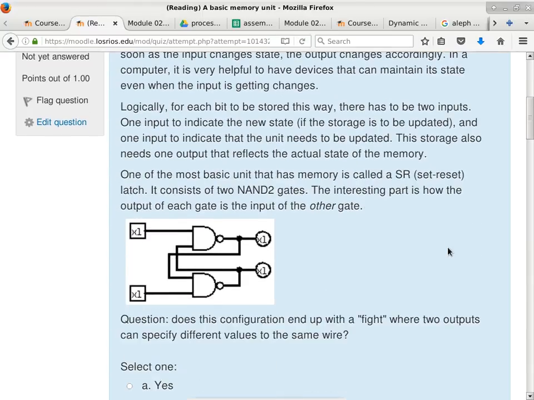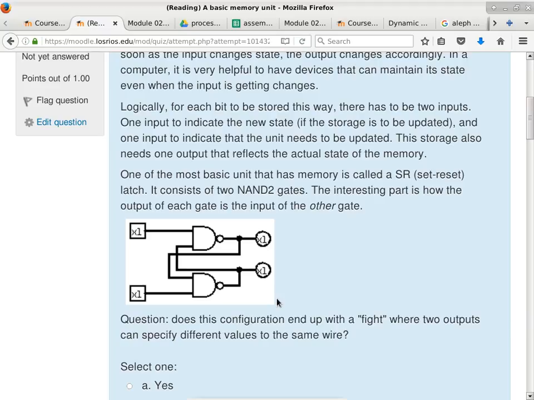Okay, so what we are looking at here is something that looks like this. We have two NAND gates because you can see that it is for the most part the shape of an AND gate, but with a bubble as the output, so it's negating the output of an AND gate, which makes it a NAND gate. When you look at something like this, the only difference between this setup and all of the other circuits that we have seen up to this point is there's a feedback.